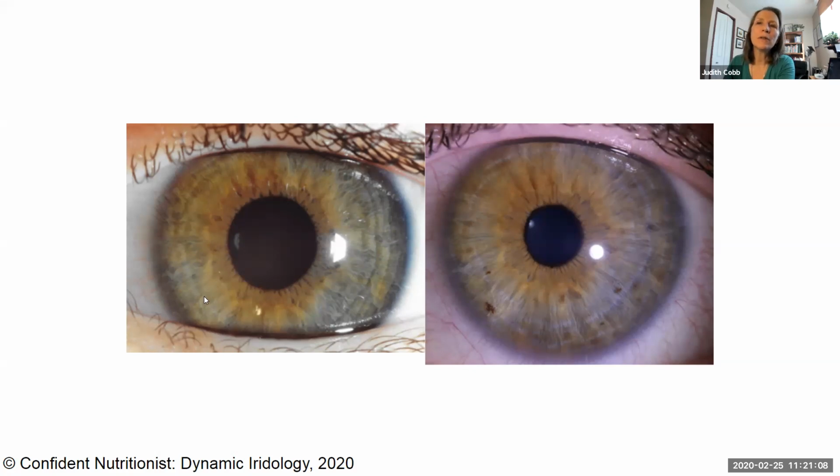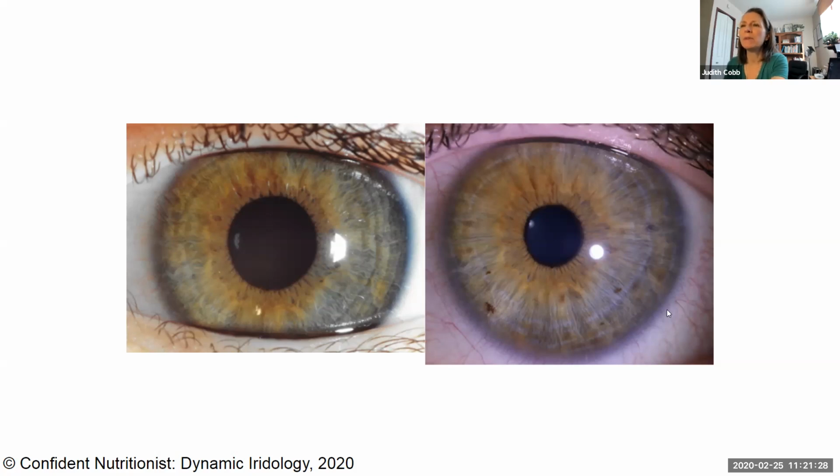Let's also look for this fiber coming down here. Okay, so we've got one at about 7:30 and one that goes from 4 till about 4:30. 7:30 or 8 and 4 to 4:30. So these are the same eye.